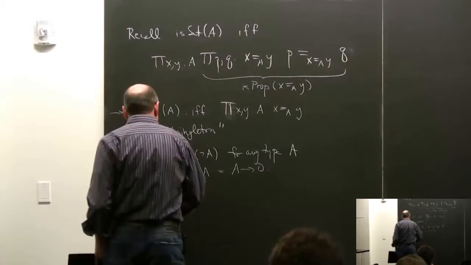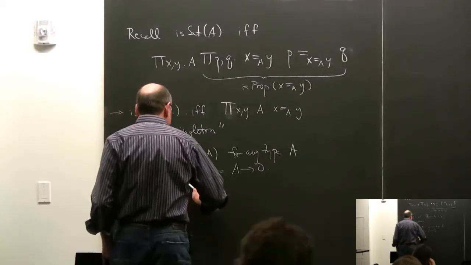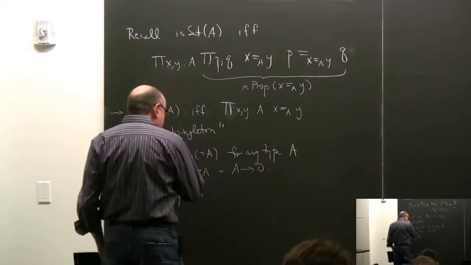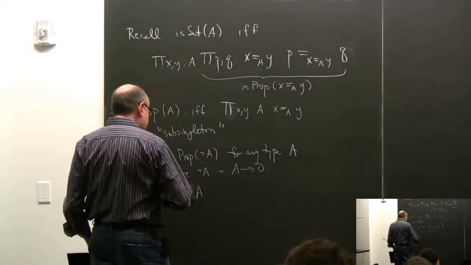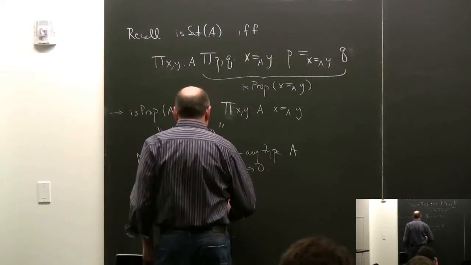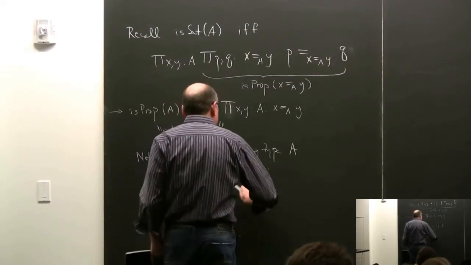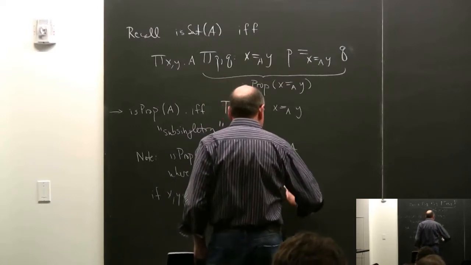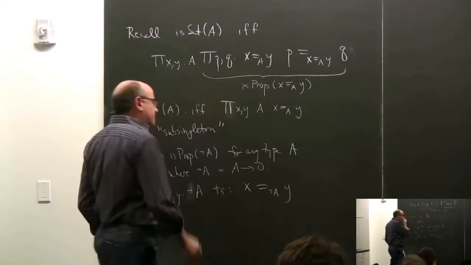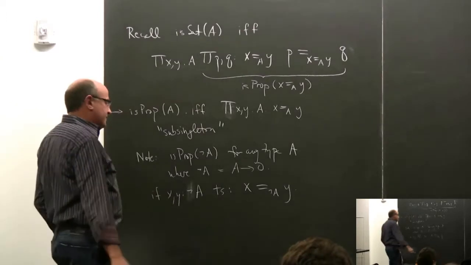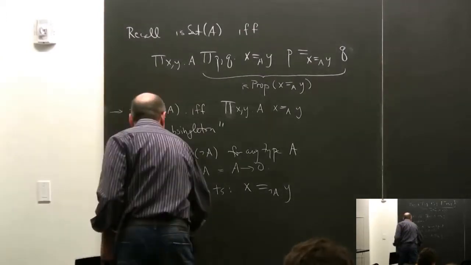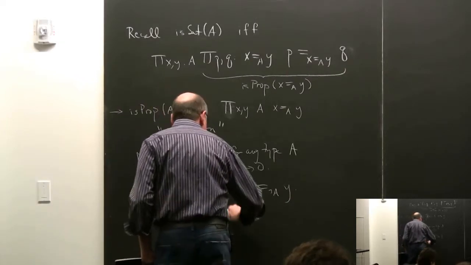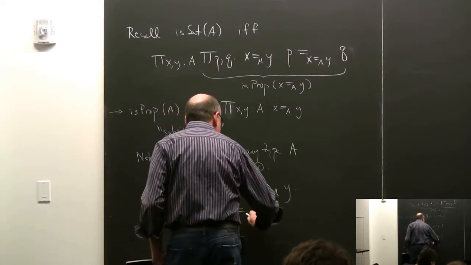Well, it's completely clear. If you have x and y in not A, then I want to show that x is equal to y in not A, and we're in a situation where we have function extensionality. So it suffices to show that for every u in A, x u is equal to y u in 0.